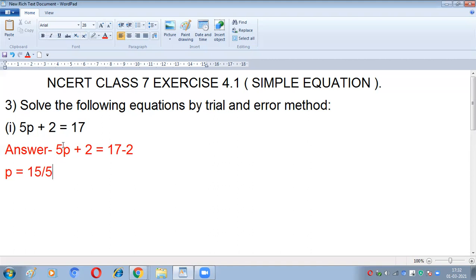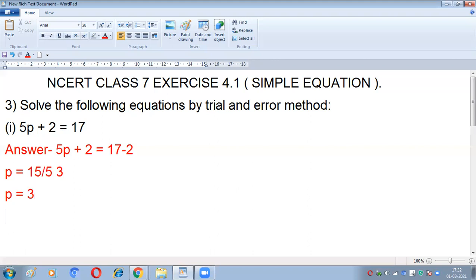And in case of negative or positive, the positive variable will change into negative form, and the negative numerical will change to positive one. Okay, so 15 upon 5 is equal to 3. So the value of p is equal to 3.